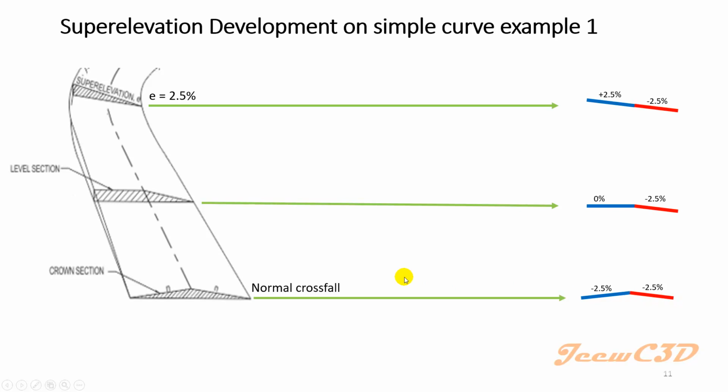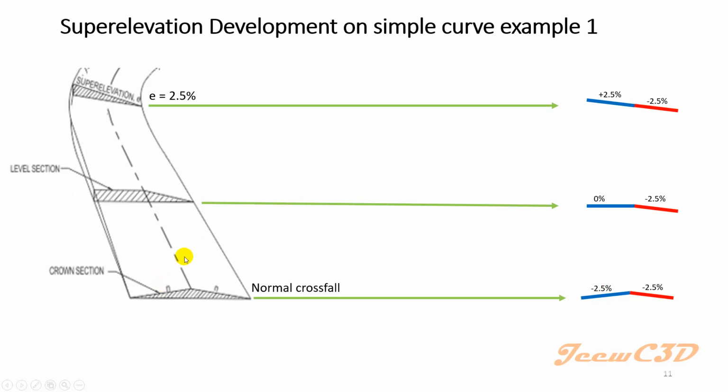When the super elevation of the road becomes 2.5 at the curve, your left side would be rotated up to +2.5, but your right side would remain at -2.5.